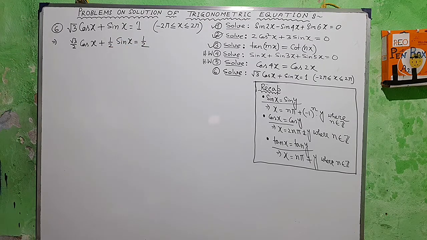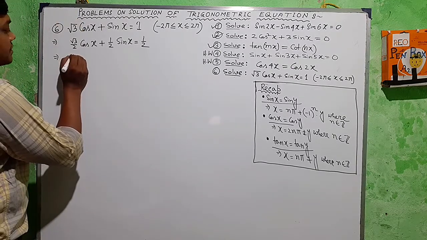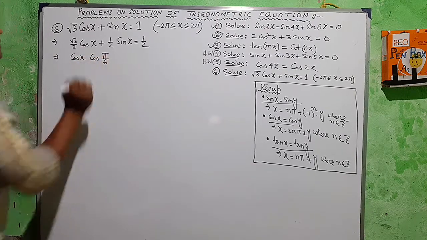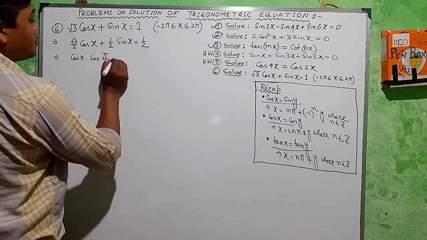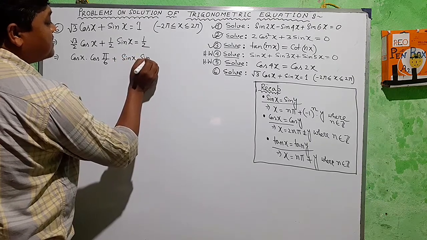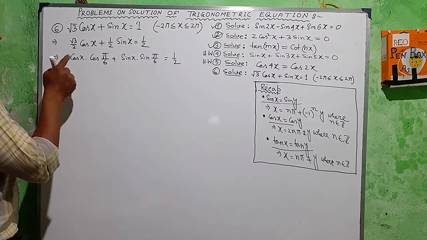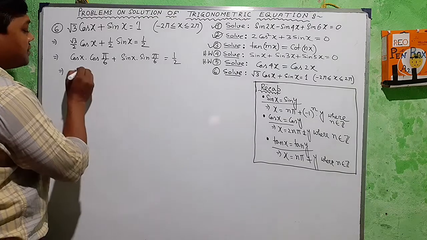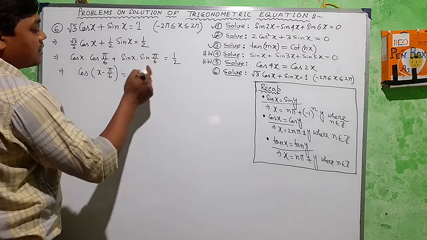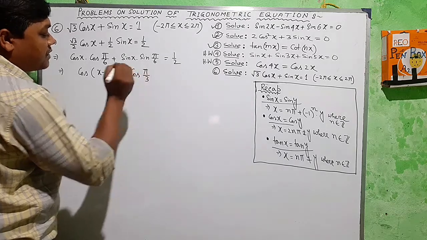Clear? So if I put here root 3 by 2, that is cosine pi by 6, and for half I put sin pi by 6, equals to half. And you know that cos a into cos b plus sin a into sin b gives cosine of a minus b. So cosine x minus pi by 6, and half equals to cos 60 degree, that means cosine pi by 3.